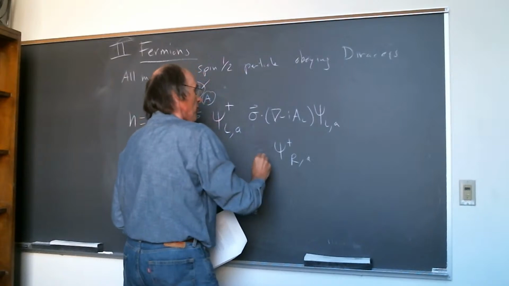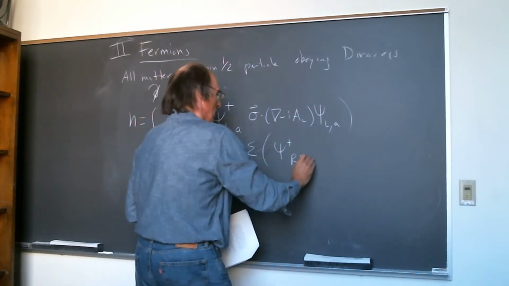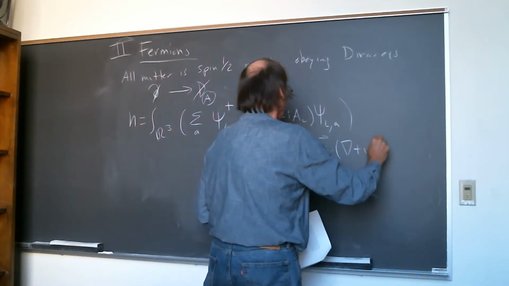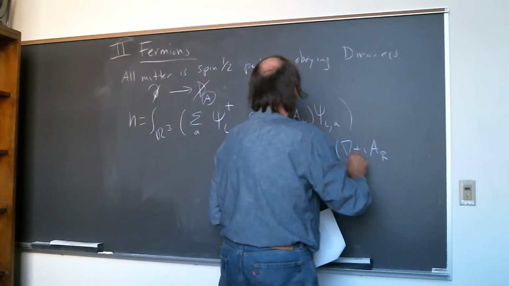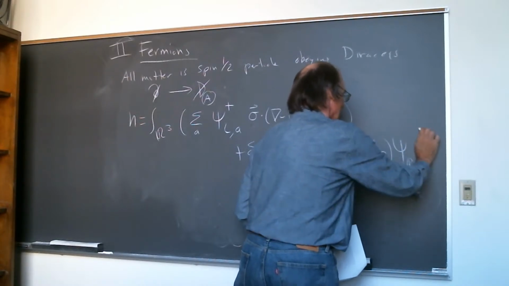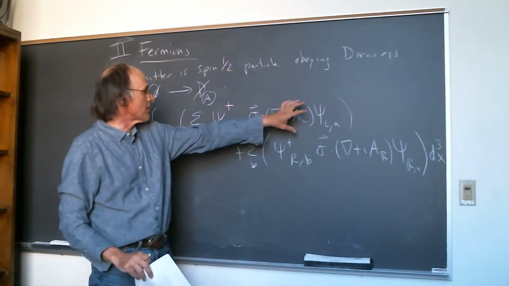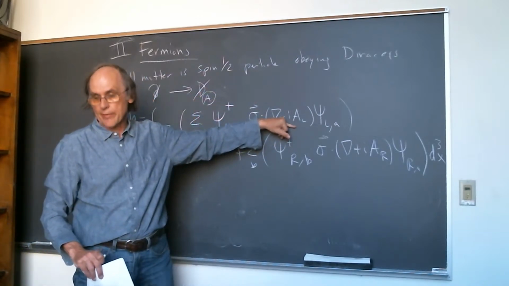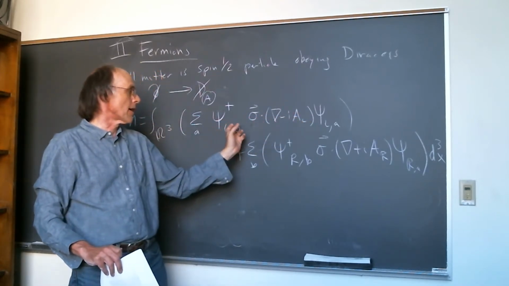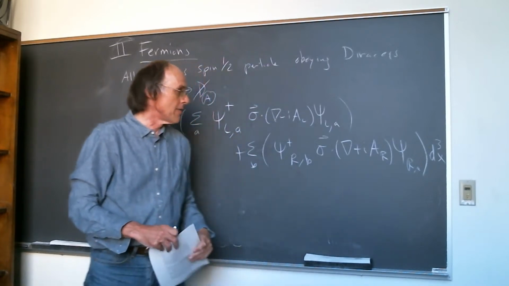Let's do it plus the sum over B, sorry, plus the right-handed ones. Anyway, I've just split up the left-handed Weyl fields, which satisfy the left-handed Weyl equation, and then the right-handed ones.